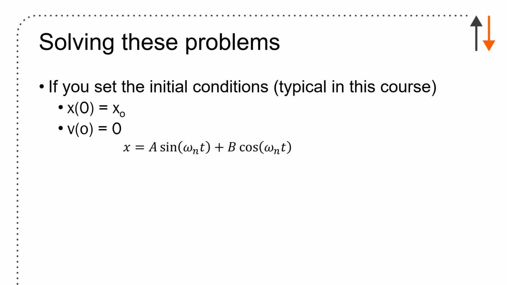If you solve these problems, you typically have some sort of initial condition. Typical in this course are x position at 0 is equal to x naught, v naught equals 0. You then substitute in terms. So if you say x at 0 is equal to x naught, then you have a sine omega n t, which goes to 0, b cos omega n t, which goes to 1. So it's b equals x naught.